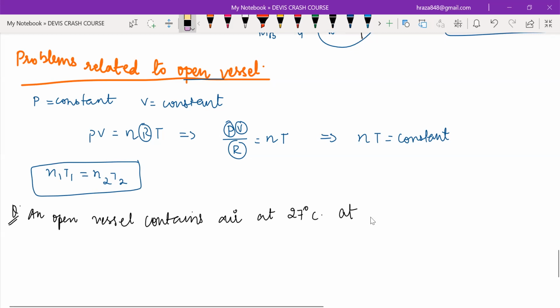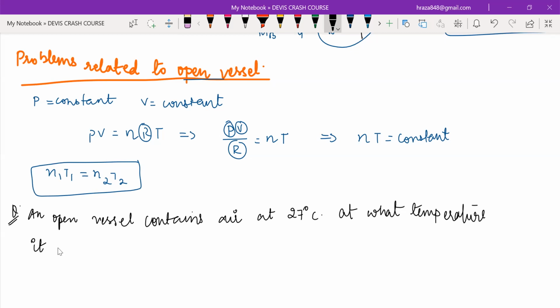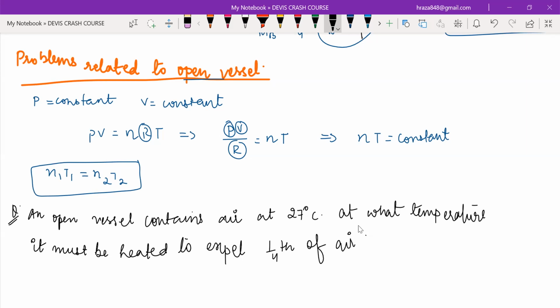At what temperature must it be heated to expel 1/4 of the air? Yeah, you can do it.